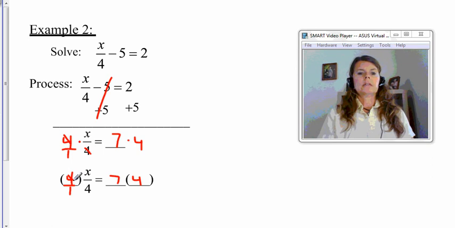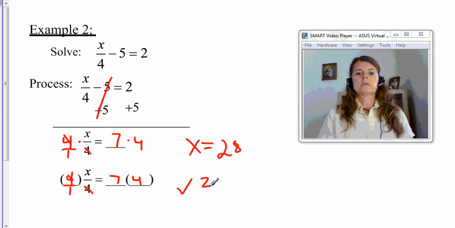Same thing happens here. This is just one way to write it, this is the other way. You don't have to write it both ways. Pick the way you like, and do it that way. And so x equals 7 times 4, which is 28. And again, it's good practice to check it. You check it by plugging 28 in right here.